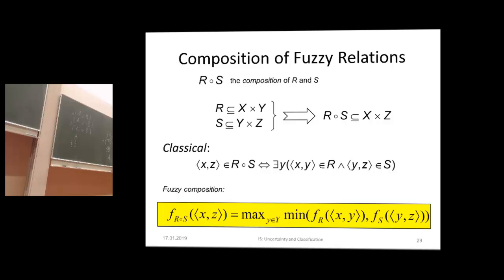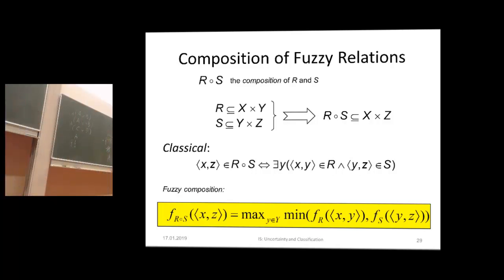The composition of R and S is defined as a subset of the Cartesian product between X and Z, and it means that X and Z are in the relation of the composition if and only if there exists an intermediate object Y that is in an R relation with X, and that is in an S relation with Z. In principle, that would be the definition of two people being in an uncle relation: R would be the parent relation, and this Y is in a brother relation to the object that I'm the uncle of. I might have confused the uncle a bit, but I hope the idea is clear.